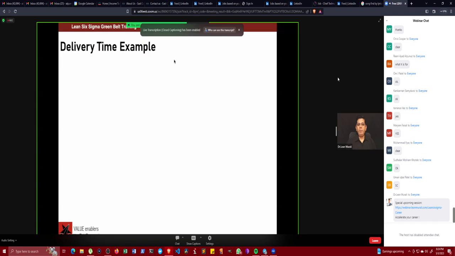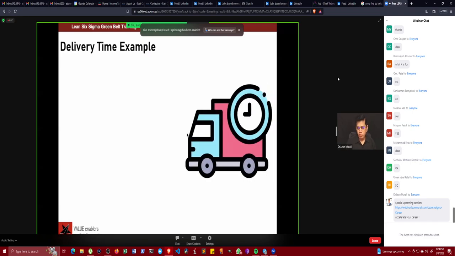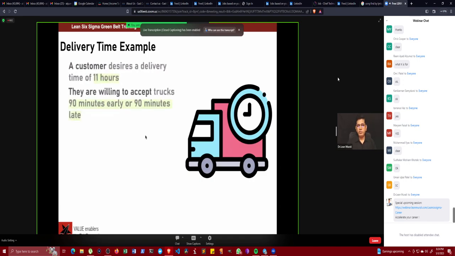Now, suppose there is a truck that is to deliver, and the customer desires a time of 11 hours, and you can be 90 minutes early or late. They are willing to accept that. So what is the specification? Please type in the comment box. This example we saw last time, just a quick revision.